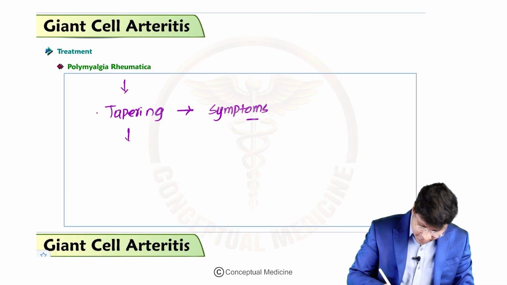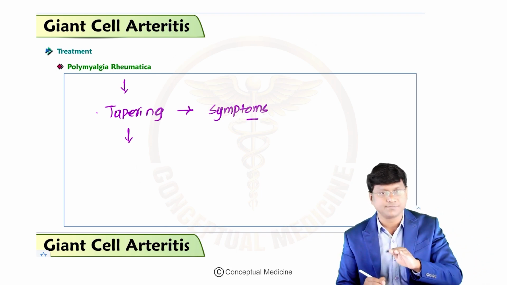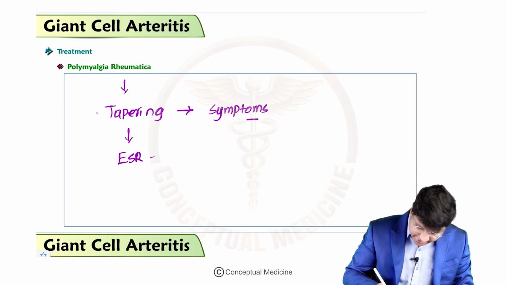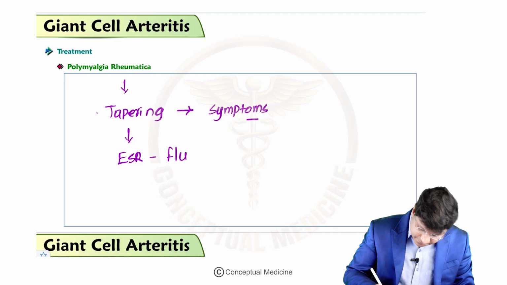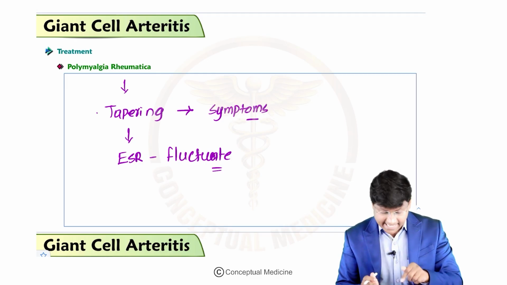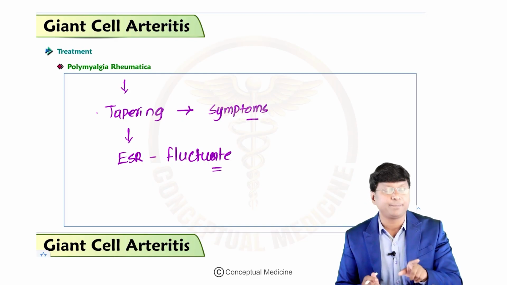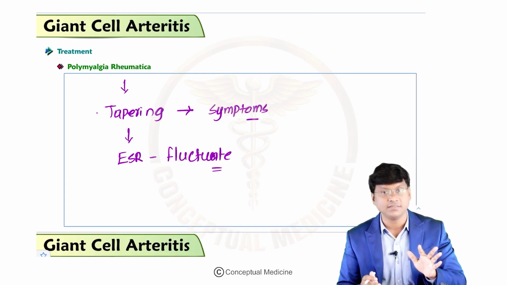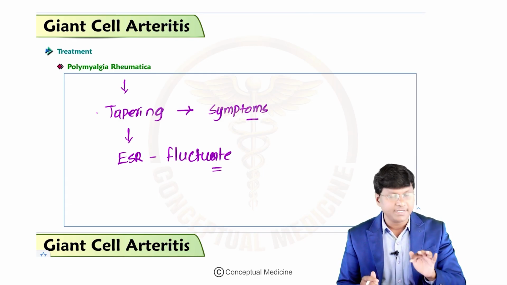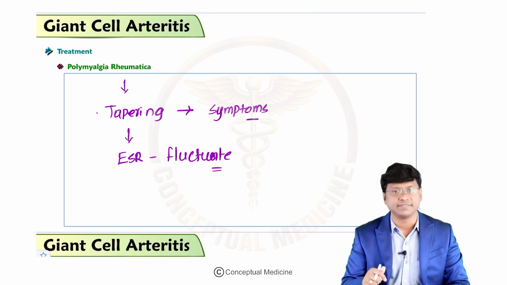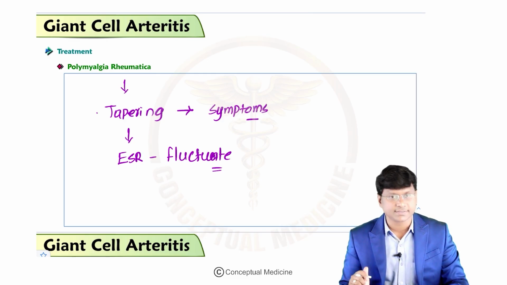Because whenever you are tapering these steroids, the ESR can fluctuate, and it is not specific for polymyalgia rheumatica disease activity. So when ESR is fluctuating, that doesn't tell you about the disease activity. So tapering of steroids should be based on the symptoms, not on the ESR.